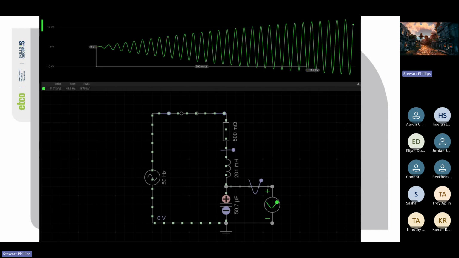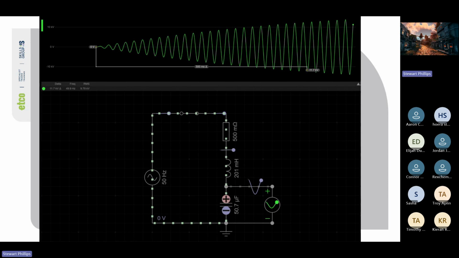Cool. So this is what resonance would look like in a real circuit. You can see that as the inductor and capacitor swap energy faster and faster, the voltage across each component starts to rise sharply. Even though the supply is small, the local voltages in the circuit can spike dangerously, as shown here, over 11 kV in the simulation. This is why resonance can be a double-edged sword. We can use it deliberately in tuning circuits, but it can also destroy components if it appears unexpectedly in a power system.